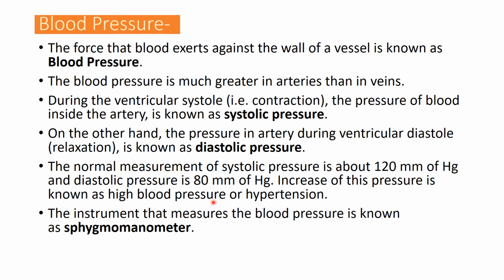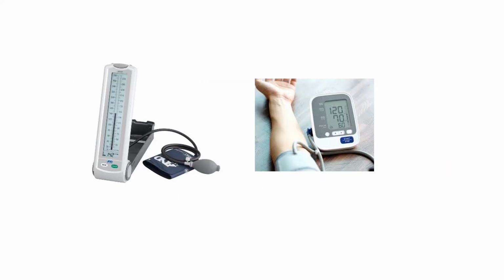And which instrument is used to measure the blood pressure? That is known as sphygmomanometer. See, these are the instruments. One is the mercury one, this one, and this one is the electronic one by which you can measure the blood pressure. So generally people nowadays keep the electronic one at home so that whenever they need to check the blood pressure they can check.